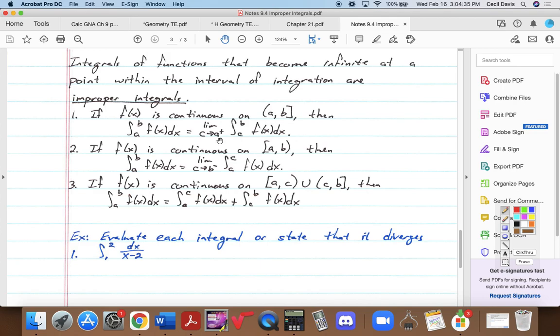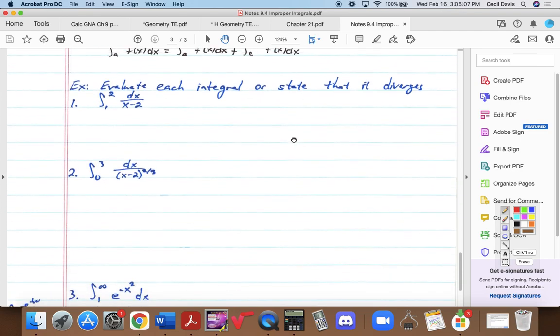Because I'm going from a to b, we're going towards a from the right, even though it's the lower limit of integration. Likewise, here we can do the limit as c goes to b from the left, because we're going from a to c. And if you have one in the middle, you have to break it into two separate integrals and do both of those. Again, if either of them diverges, the entire thing diverges.